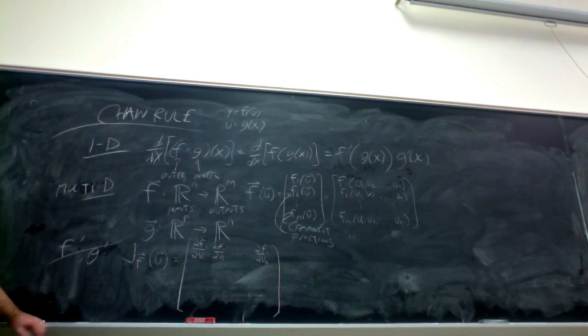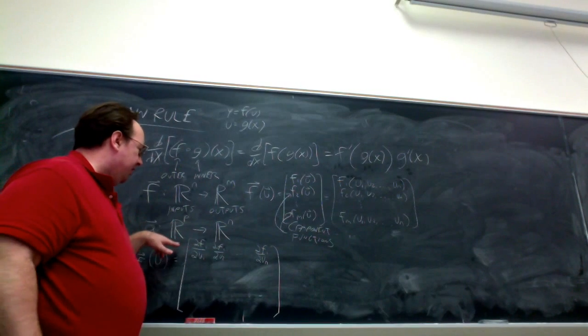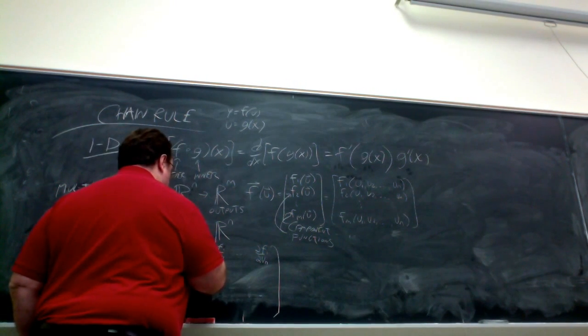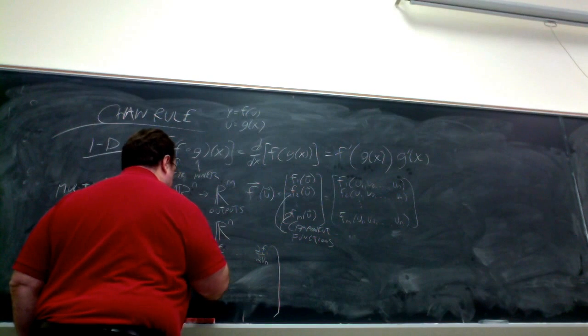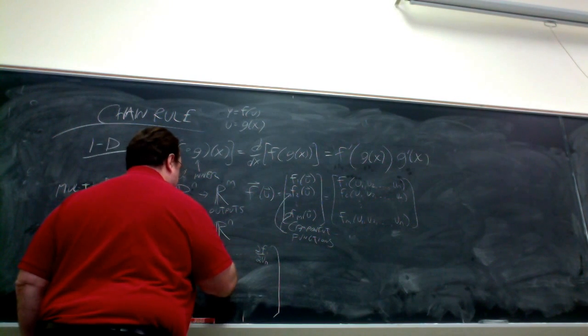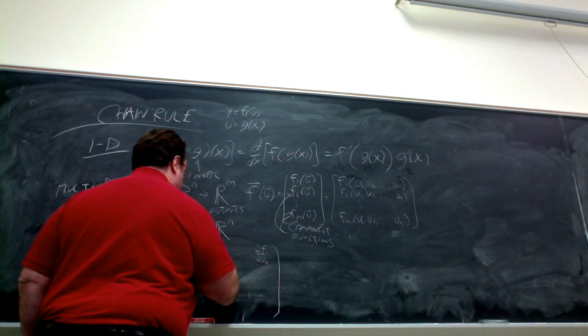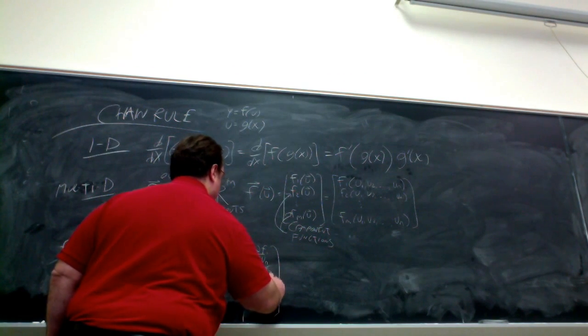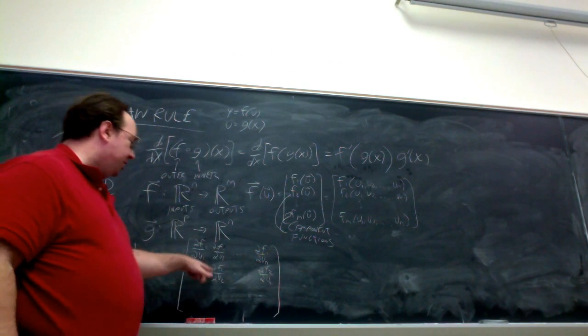I arrange these in the first row. Second row, same thing except it's partial of f2, the second component function, and all partials with respect to u1, u2, up to un.